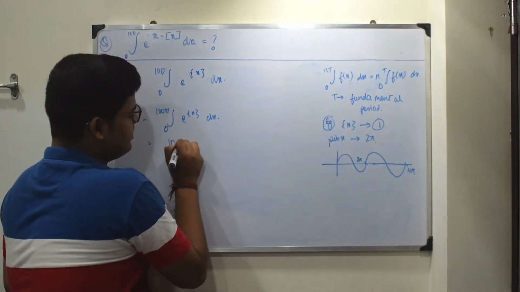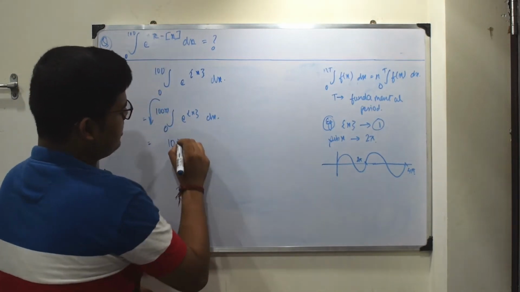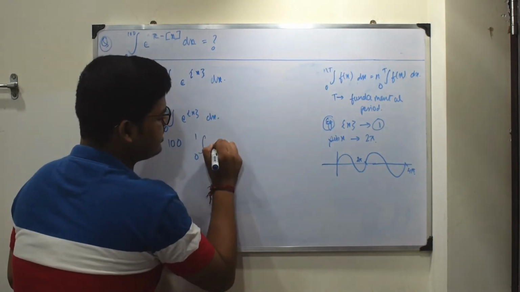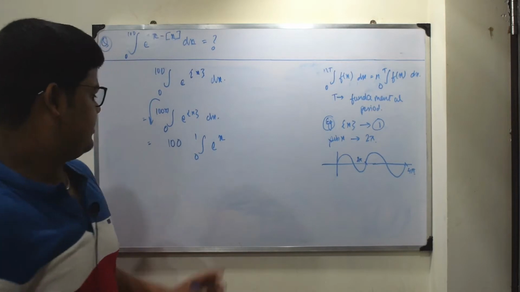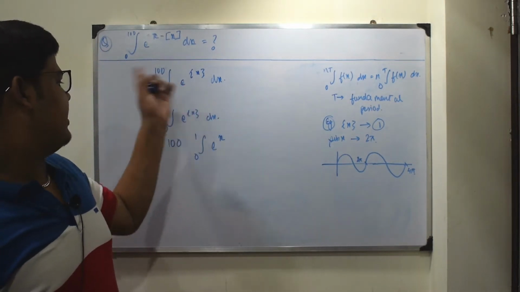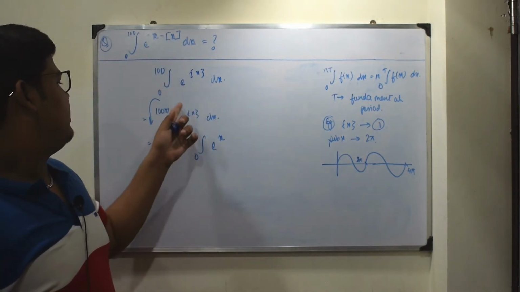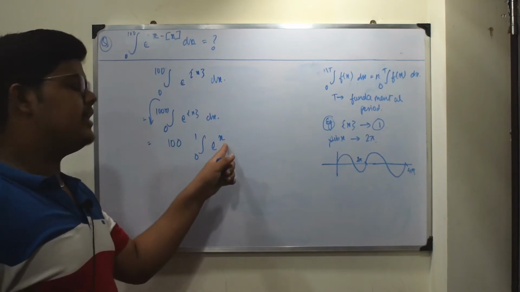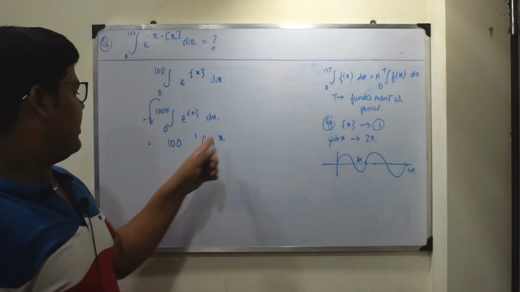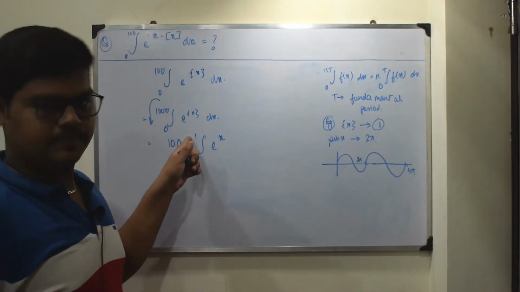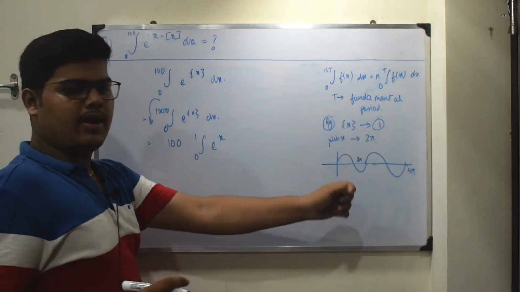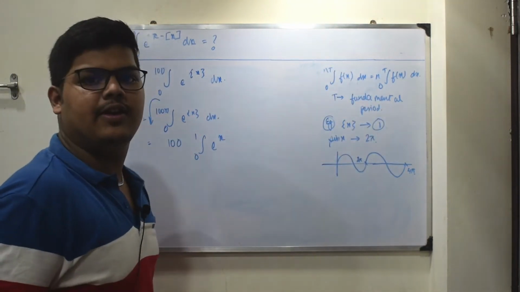So this 100 will come down here, 100 times the integral from 0 to 1 of e to the power x dx, as the property of the definite integral suggests.